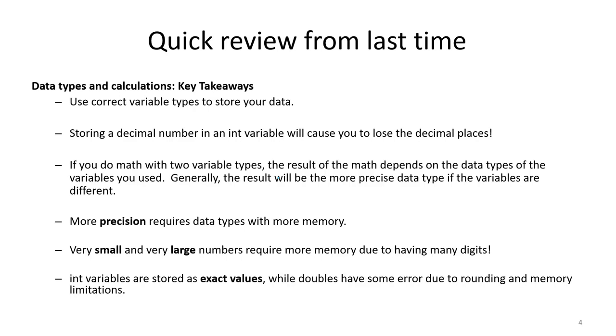Previously, we learned how important it is to use the correct data types. And so we learned that if you try to store a decimal number in an int, we will lose the decimal places. So this is called a truncation error.